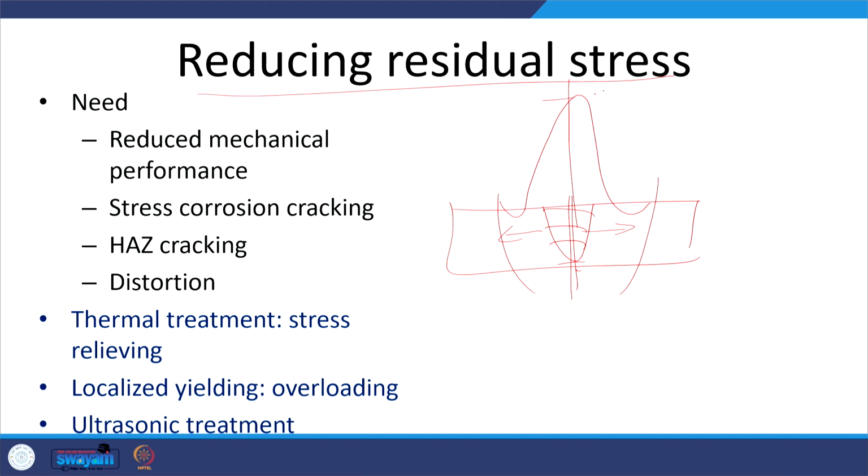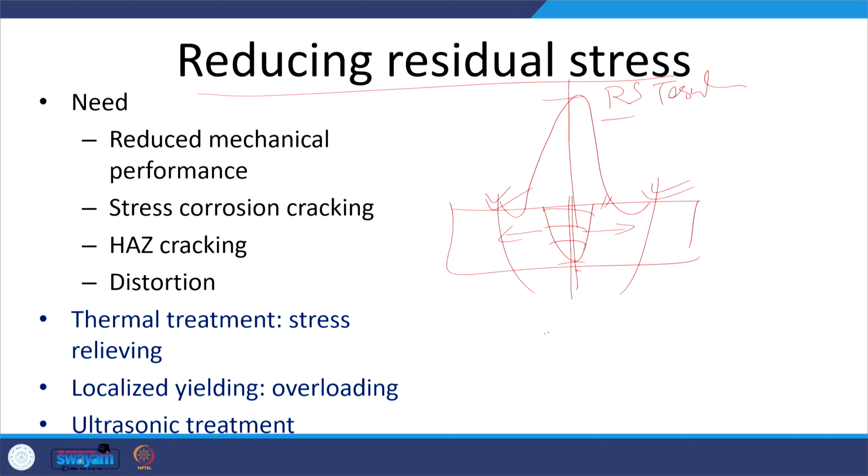Maximum residual stresses of tensile type develop at the center, and the weld zone is also covered with tensile stresses, but it decreases as we move away from the weld center, and then balancing stresses will be there in the base metal or in the heat affected zone.